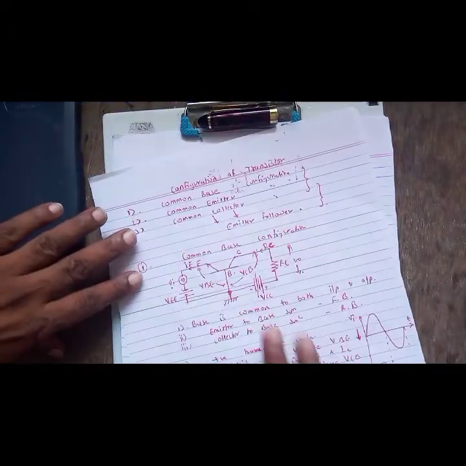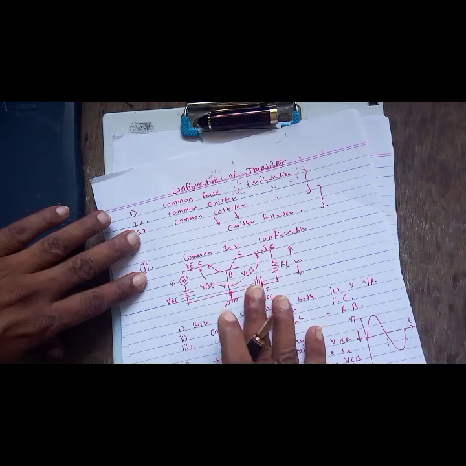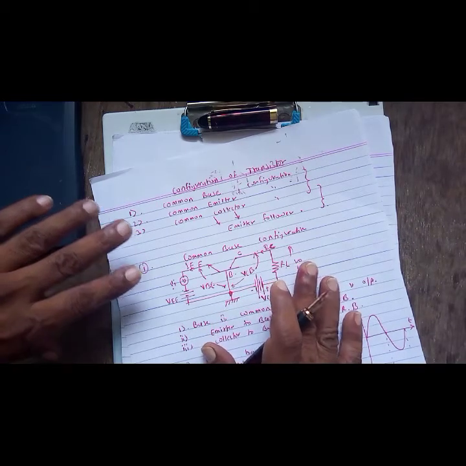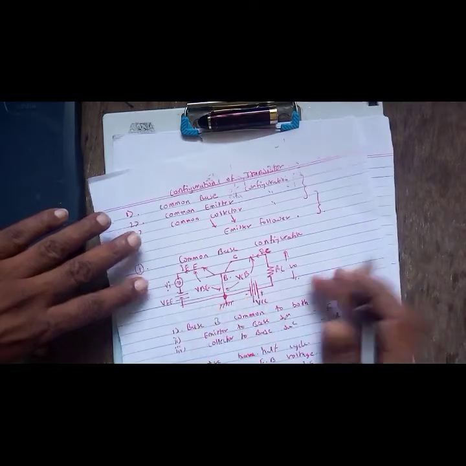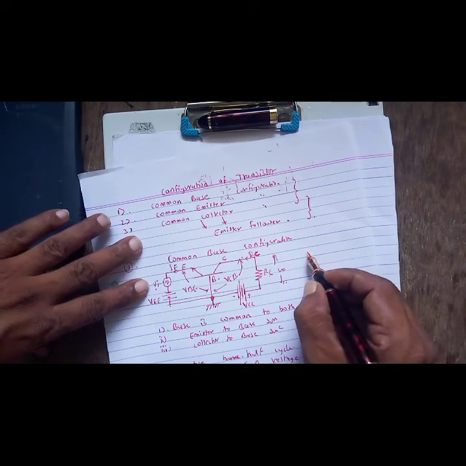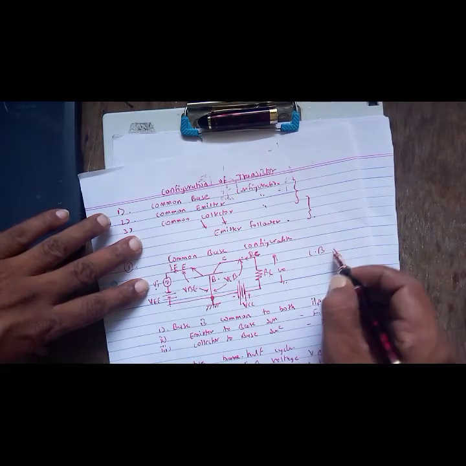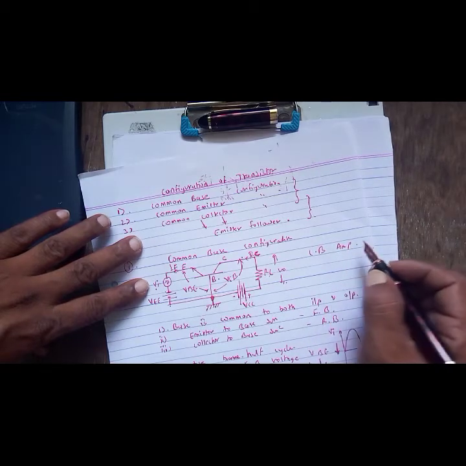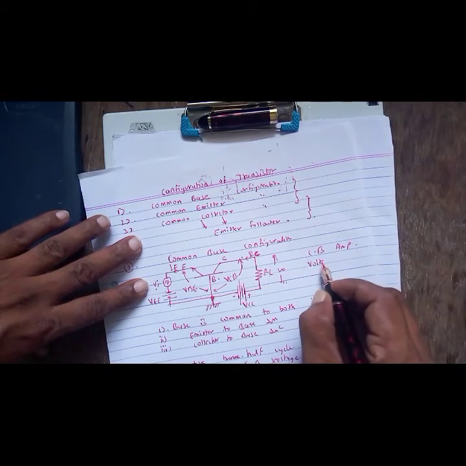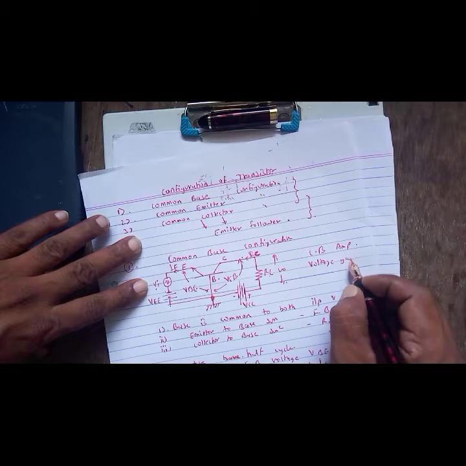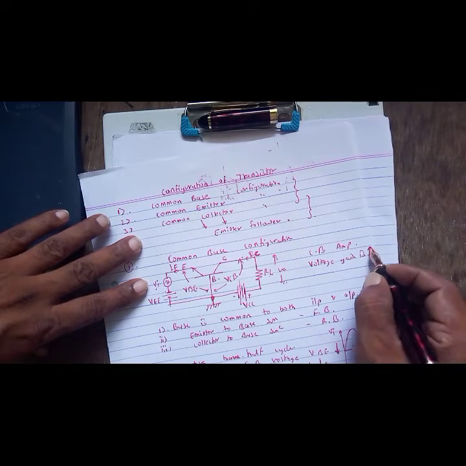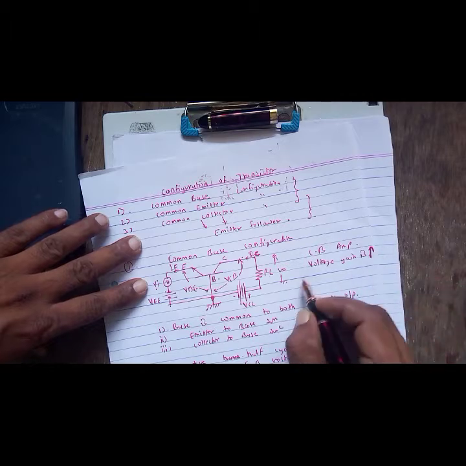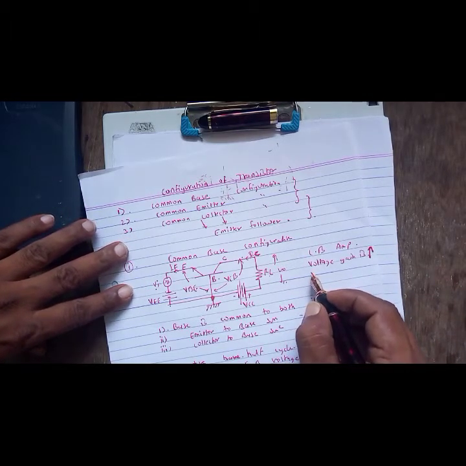In this common base configuration, the CB amplifier voltage gain is high, but the current gain alpha is less than 1.